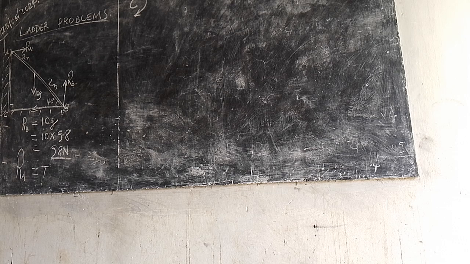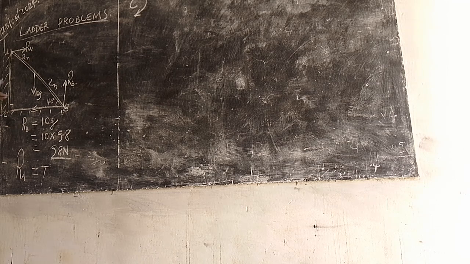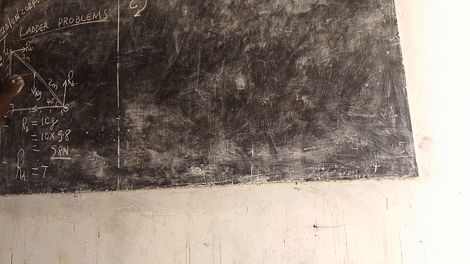Now, I'm going to take moments at point C. At point C, this is going to come this way. This is already perpendicular to the distance. Now, bringing it to C, it will have to go through this distance here, from here up to here. We believe?